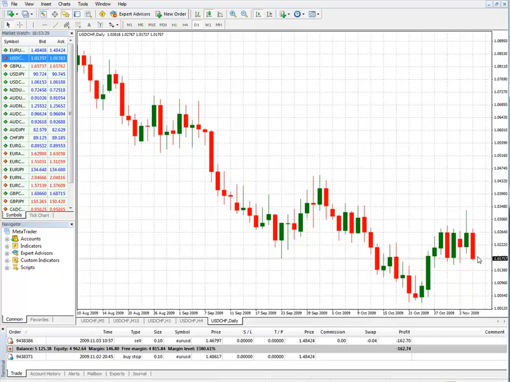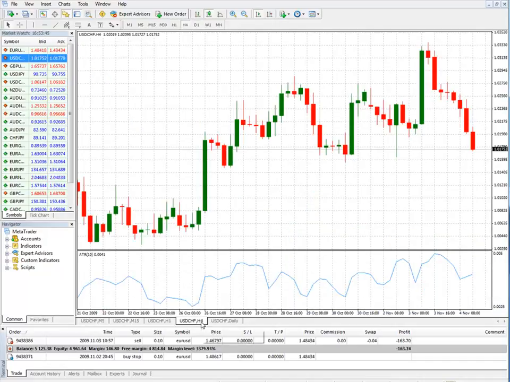Daily. We're just kind of meandering back and forth there, so there's a breakout right here to the downside of that daily bar, so that would be an interesting trade. It'd be interesting to see what would happen down here to a breakout of that, but we're looking for something shorter term. The trend here is clearly down.